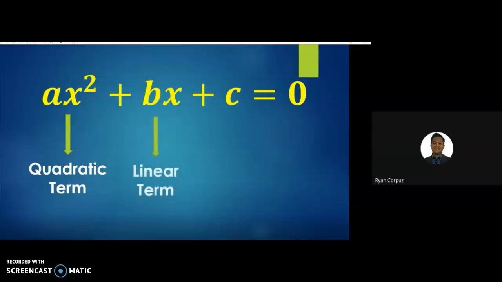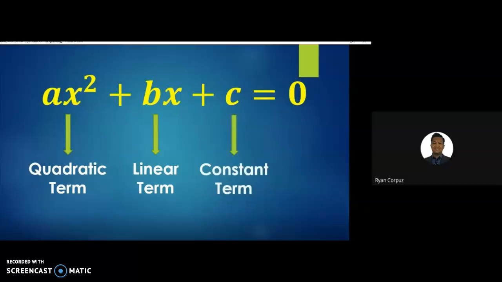Then the second term, we call that the linear term. You have discussed the linear equation before. When we say linear equation, the highest exponent is equal to 1. In this given equation, the second term, the variable x, has an exponent equal to 1. So we call that the linear term.